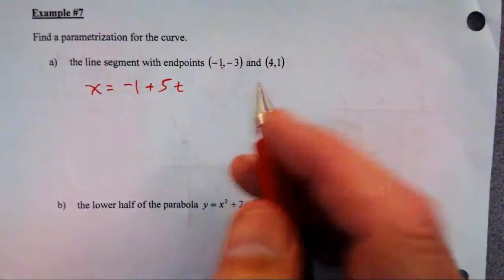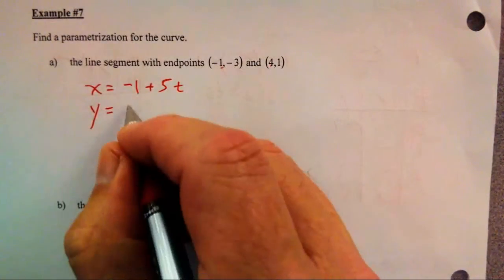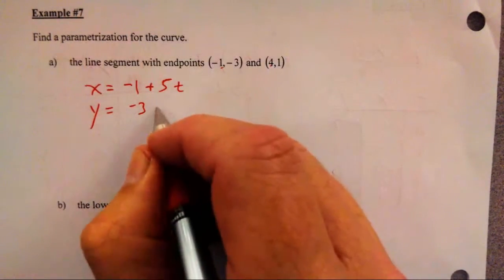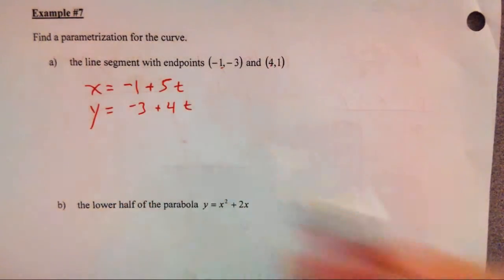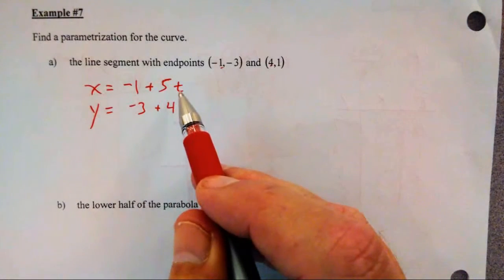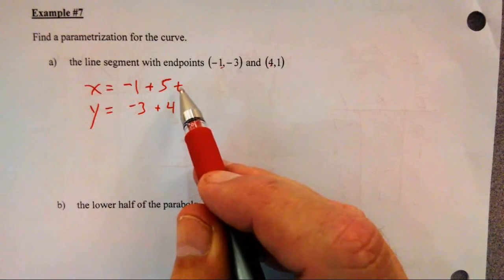And in that same time unit, y went from negative 3 up to 4, so it increased by 4 in the same time unit. What's the time unit? I don't know. 11 seconds is the time unit. I don't know. So in that case, t, one time unit, stands for 11 seconds.